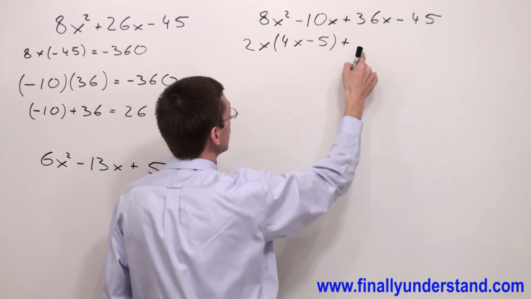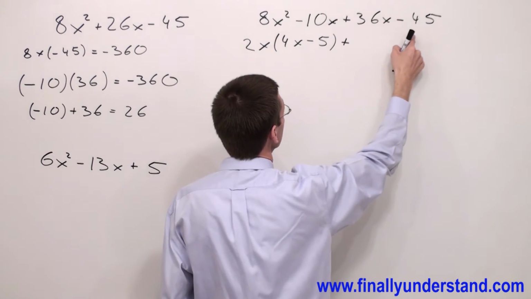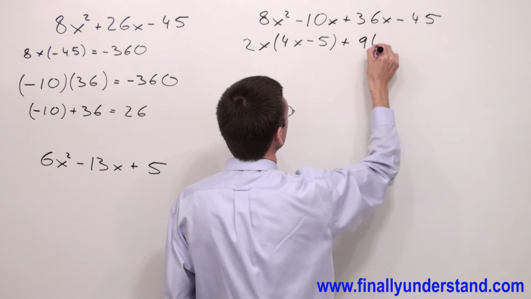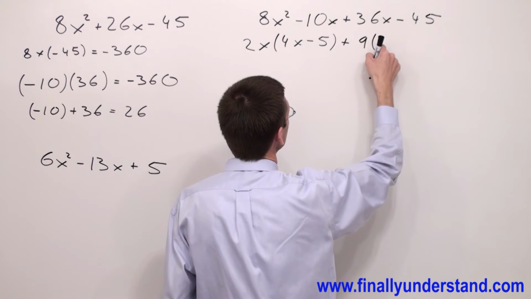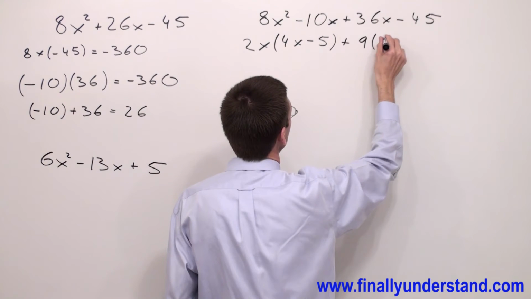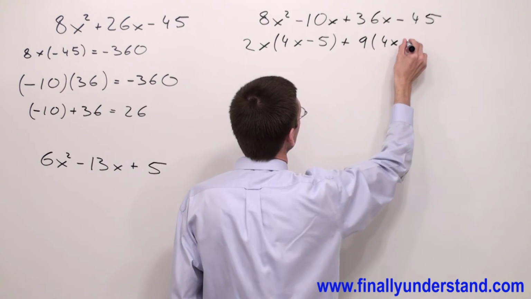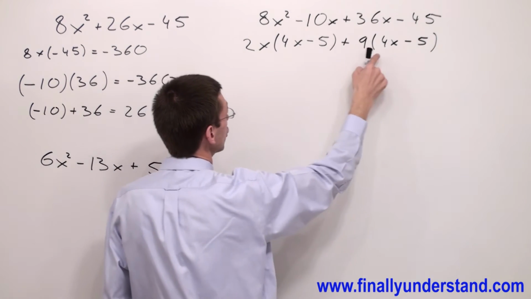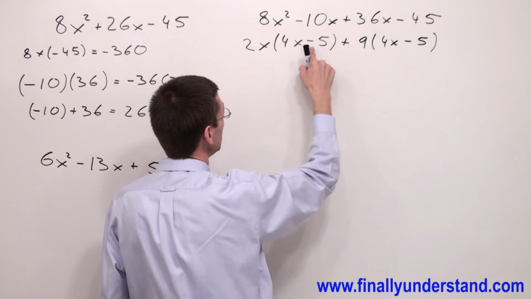Plus, from these two terms, I can factorize 9. And inside of the parentheses, I'm going to have 4x minus 5.